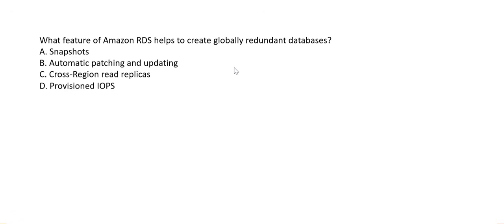So usually we use snapshots for disaster recovery. Automatic patching and updating doesn't help you to create redundant databases. Patching and upgrading will help you update the software, but it will not help you with duplication.